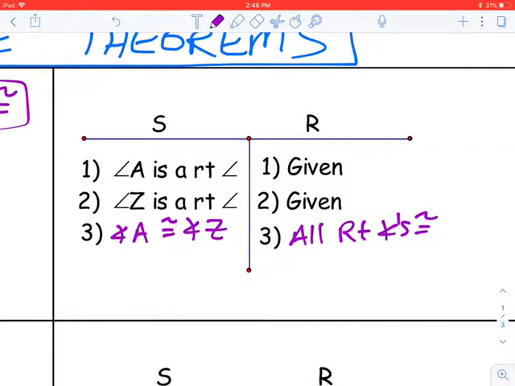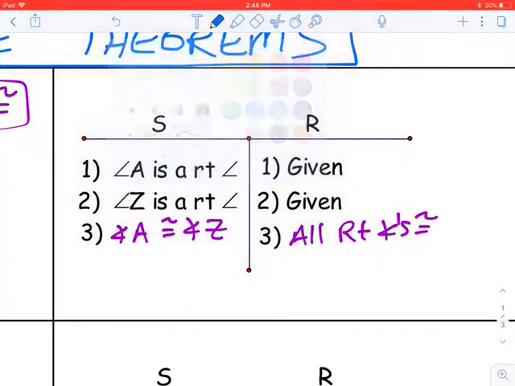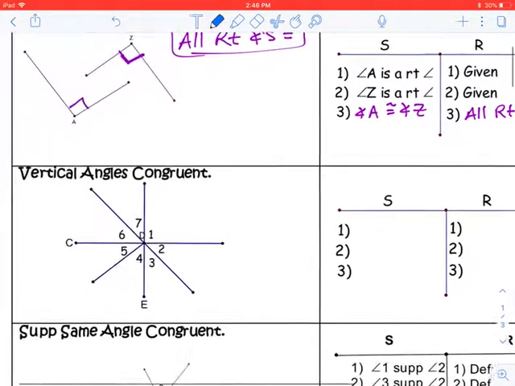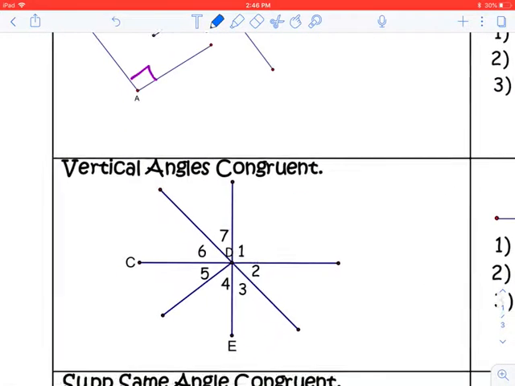Okay? So these are proofs where we've got the statements on one side, the reasons on the other, and we're trying to get to a certain goal. So, in this case, the vertical angles congruent theorem. Vert angles congruent.